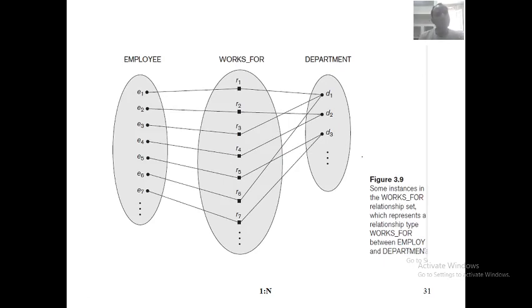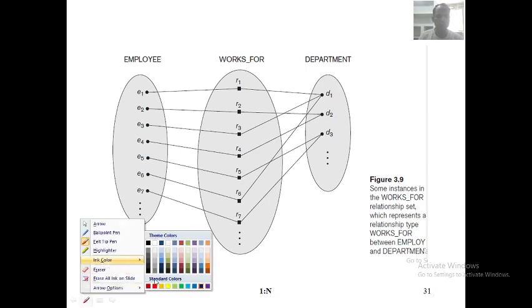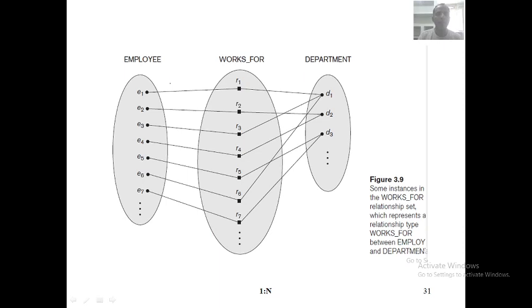One employee and number of departments. See here now, this employee E1. If I am an employee, I work for the MCA department.